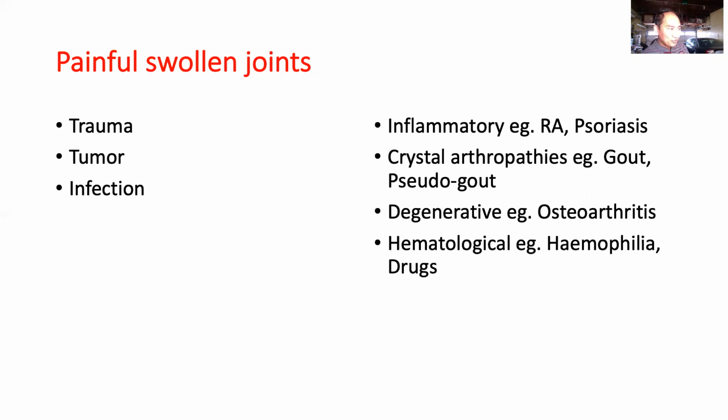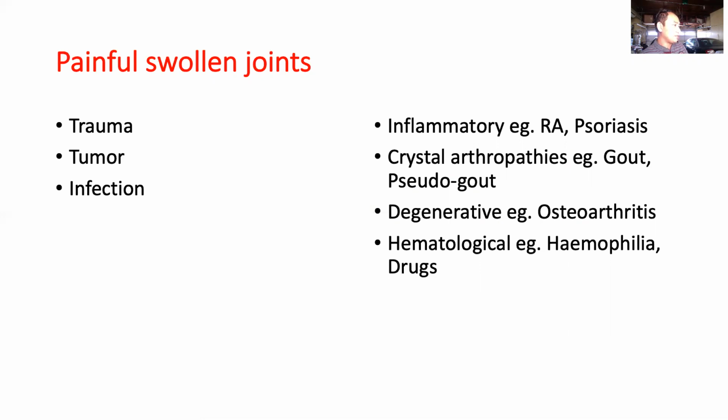Inflammatory conditions, for example, rheumatoid arthritis or psoriasis, can give you a painful swollen joint. Crystal arthropathies, for example, gout or pseudogout, where uric acid crystals or calcium pyrophosphate crystals accumulate in the joint, can give you pain and swelling in the joint.